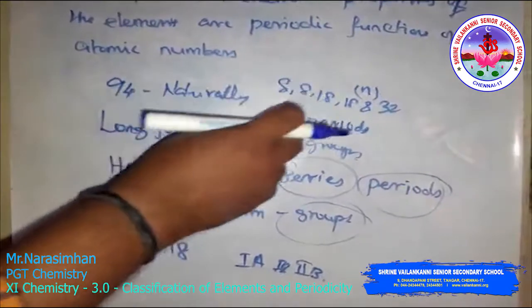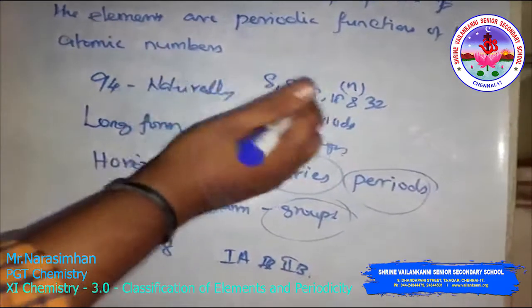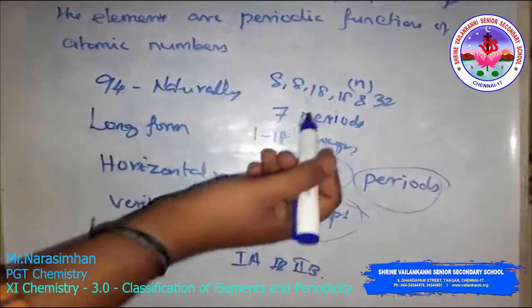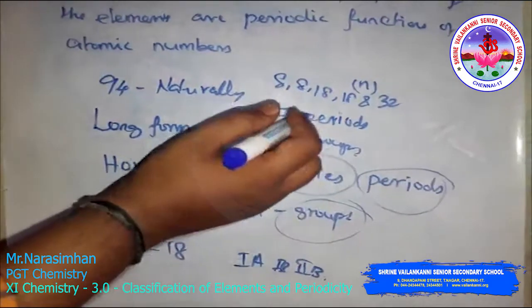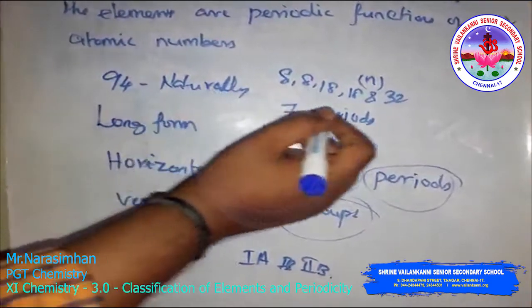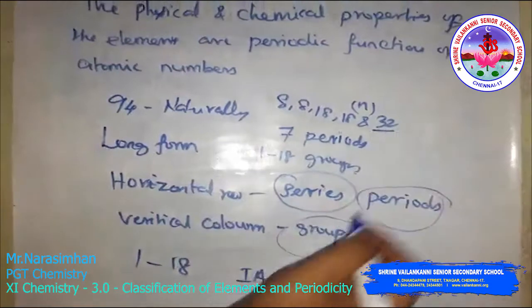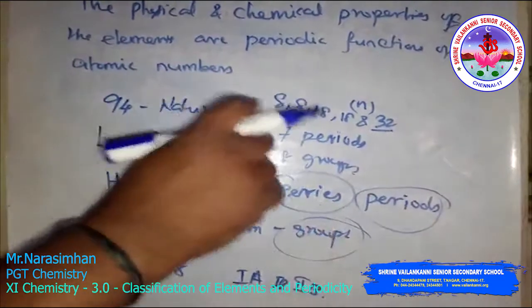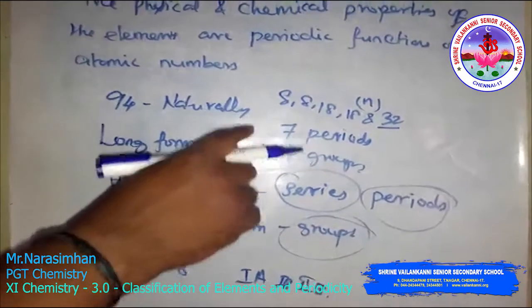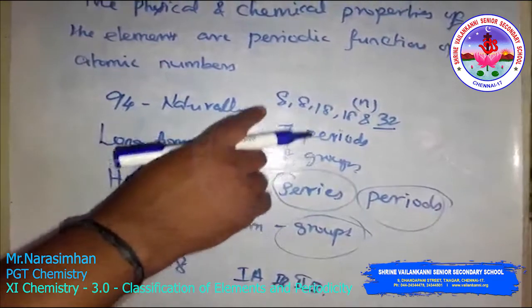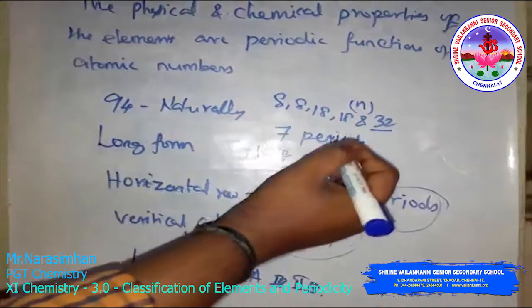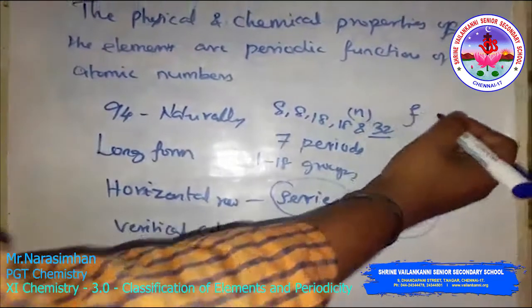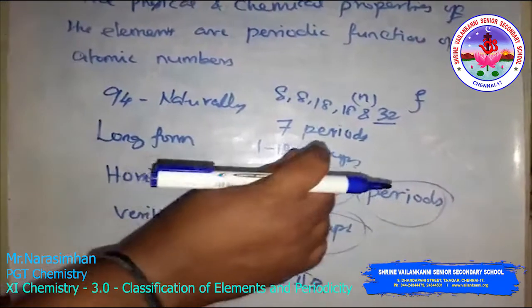The 7th period is incomplete, and the 6th period has the theoretical maximum on the basis of quantum numbers, that is 32 elements. In this form of the periodic table, there are 14 elements each of the 6th and 7th periods, that is the f block.